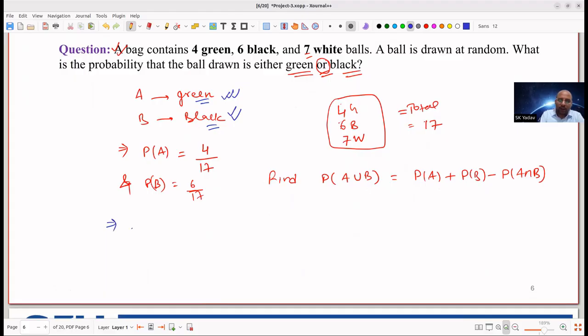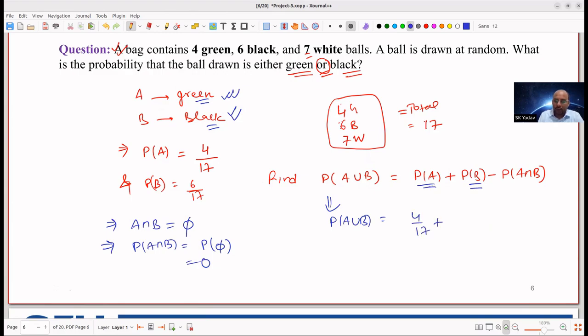This implies A intersection B equals the empty set, and P of A intersection B is equal to 0. So P of A union B is probability of A plus probability of B, that is 4 by 17 plus 6 by 17, which is equal to 10 by 17. This is the probability of drawing a green ball or a black ball.